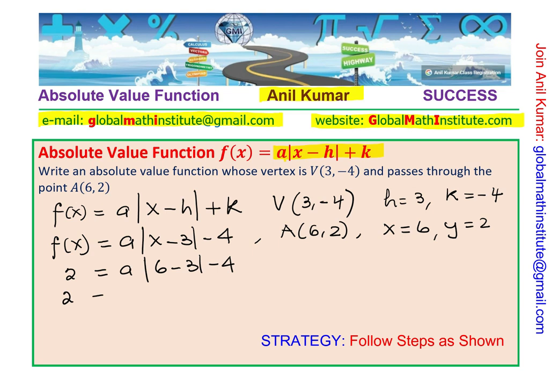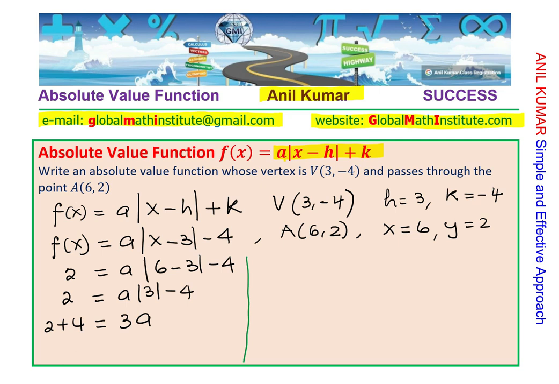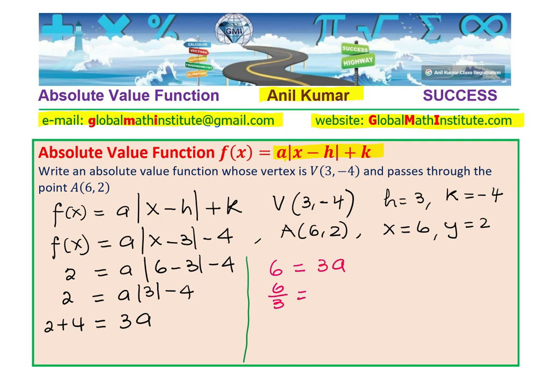So we get 2 equals a times absolute value of 3, minus 4. We can bring this 4 to the right side. We get 2 plus 4 equals 3a, right? So from here, we can calculate the value of a. 2 plus 4 is 6. So 6 is equal to 3a. 6 divided by 3 is the value of a, which is 2.